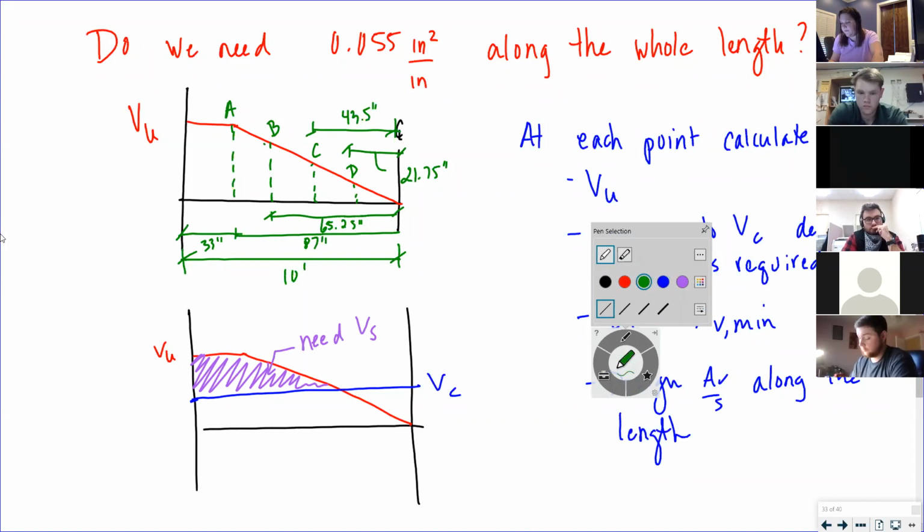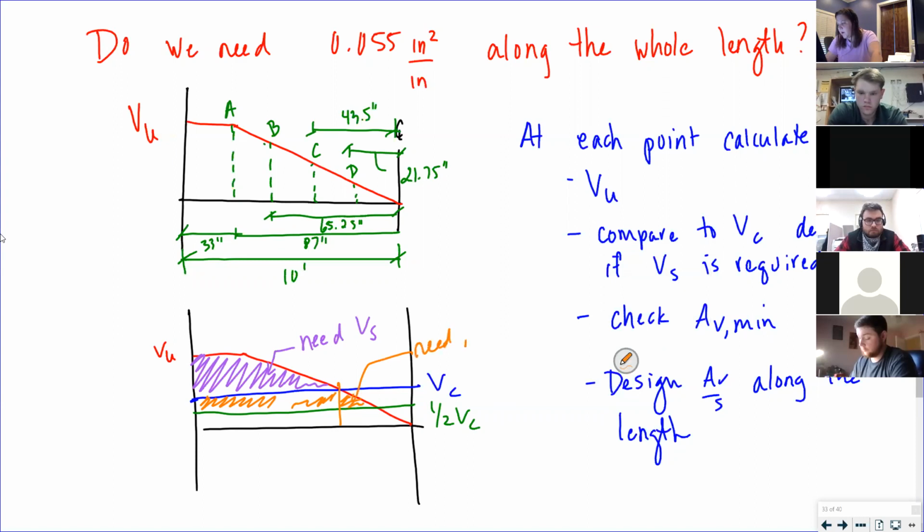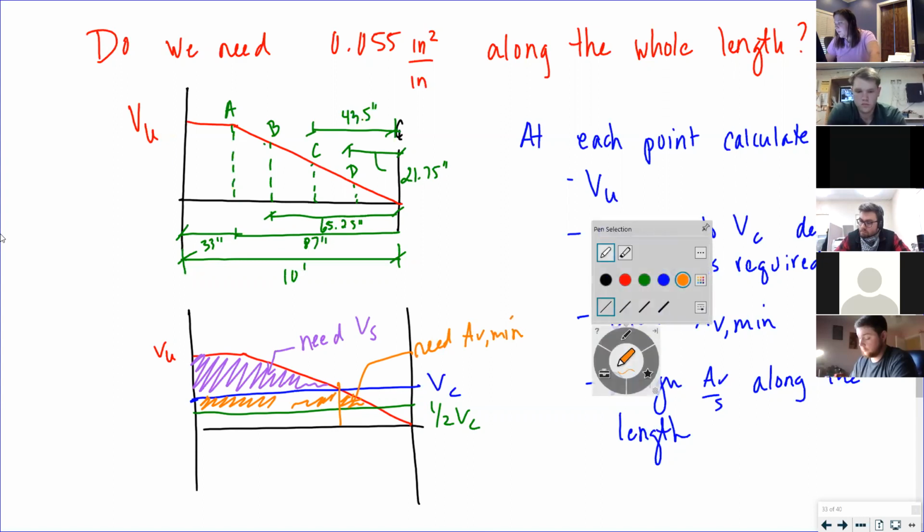And then if you look at half of that, anytime it's above half of it, which really the most important part is here, you need AV min, and anytime it's below that, which would just be this length, no AV min.